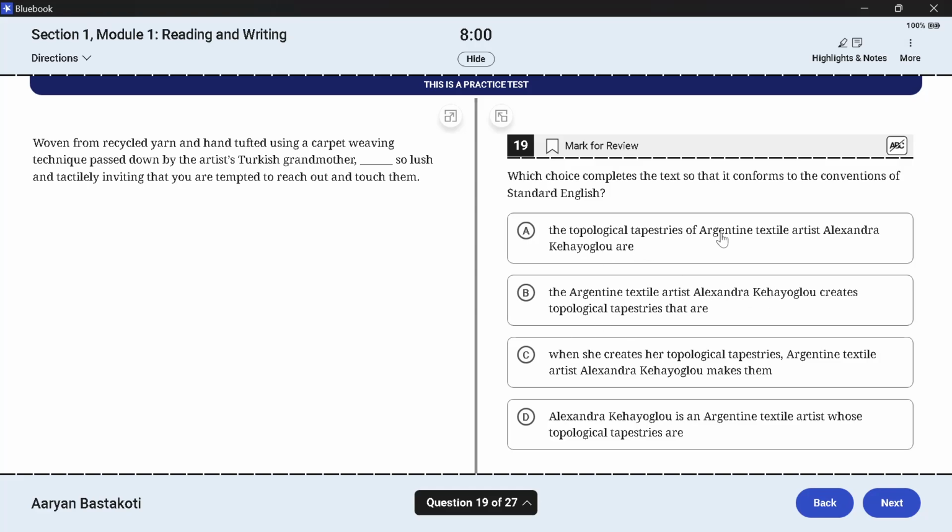The topological tapestries of Argentine textile artist? Not really. When she creates her topological tapestries. Okay, this can't be the answer. These both are referring to the artist as being woven. When she creates her topological tapestries, not really, because this again comes first. So topological tapestries looks like the right answer, because what is woven? The topological tapestries.